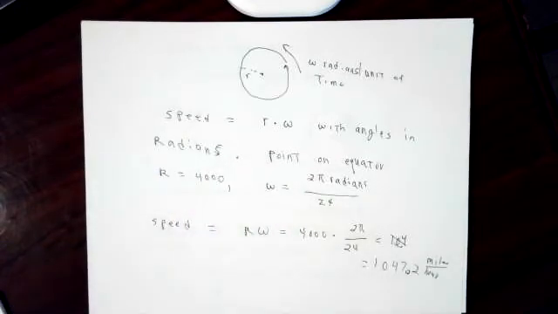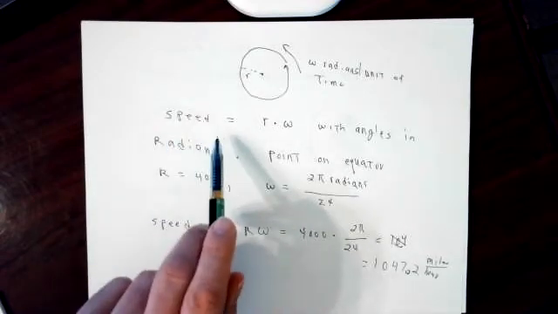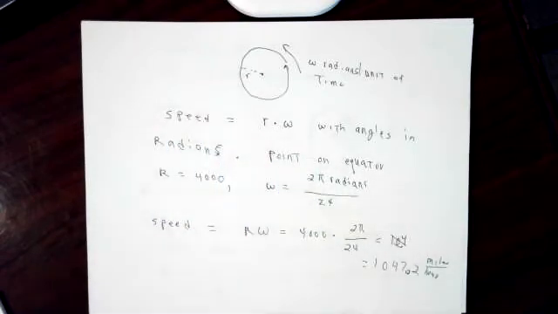Otherwise, you're going to have one of those pi over 180 factors running around. If you're going around in a circle of radius r with angular velocity omega radians per whatever your units of time are, the speed is just r times omega.